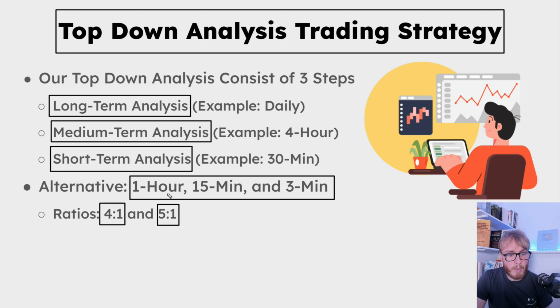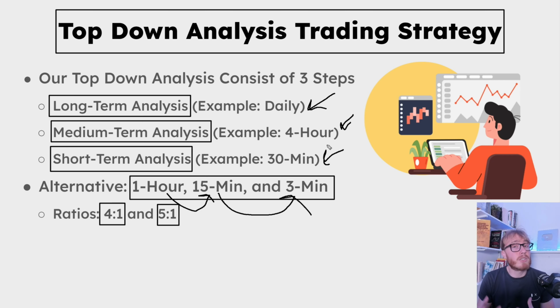The 1 hour to 15 minutes is 4:1 because 1 hour is 4 times larger than 15 minutes. The 15 minutes to 3 minutes is 5:1 because 15 is 5 times as large as 3 minutes. The time frames I'm going to use here are the 30 minute, 4 hour and daily time frames. But feel free to use other time frames if that suits your own trading style better.